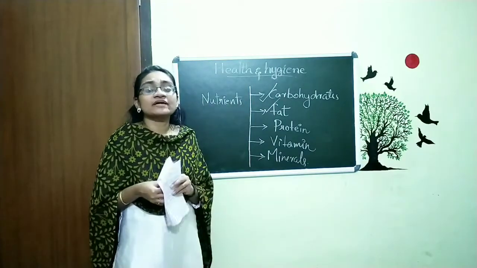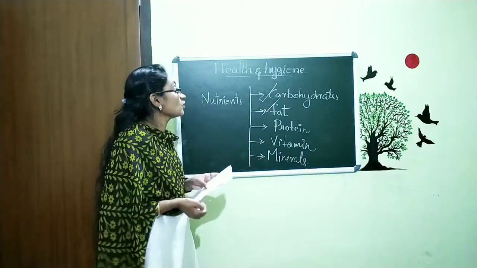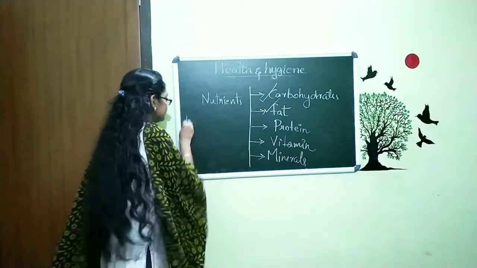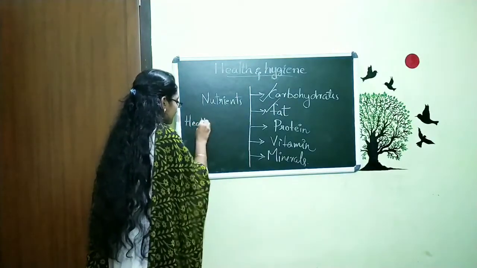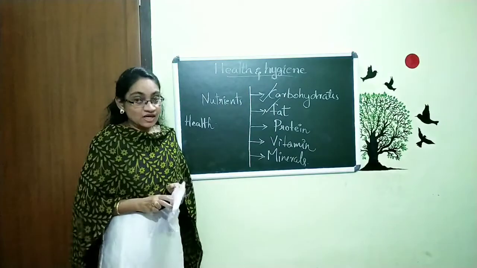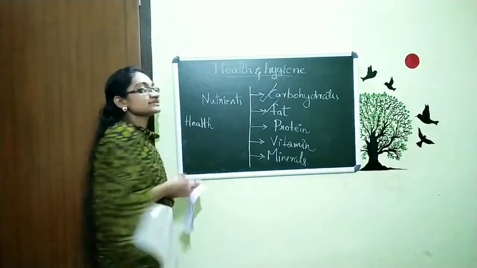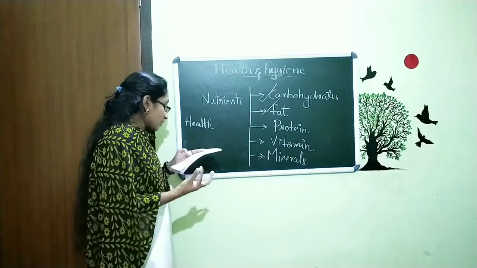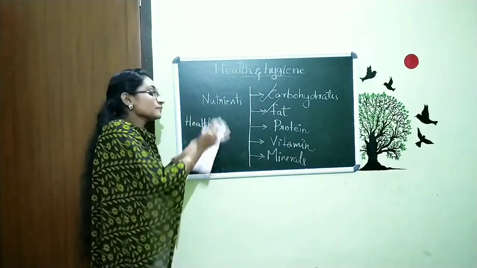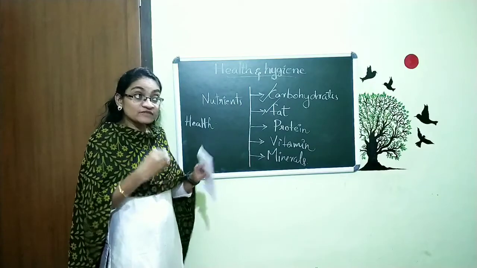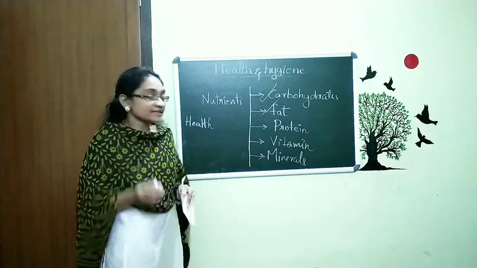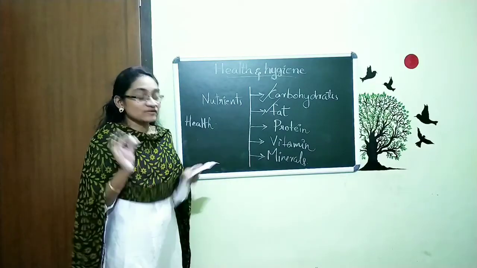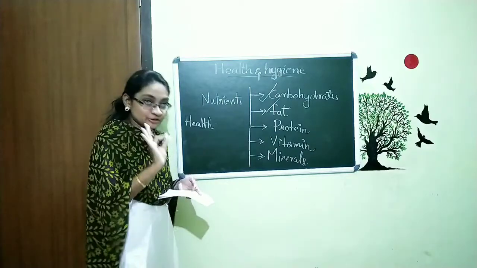What did we discuss today? Today we discussed what health is, how we can define the term health. Then we discussed how we can say a body is healthy, or what we have to do to be healthy, and we studied 5 points related to that.